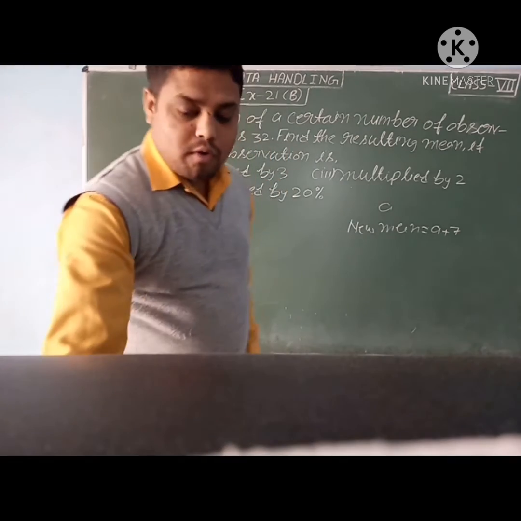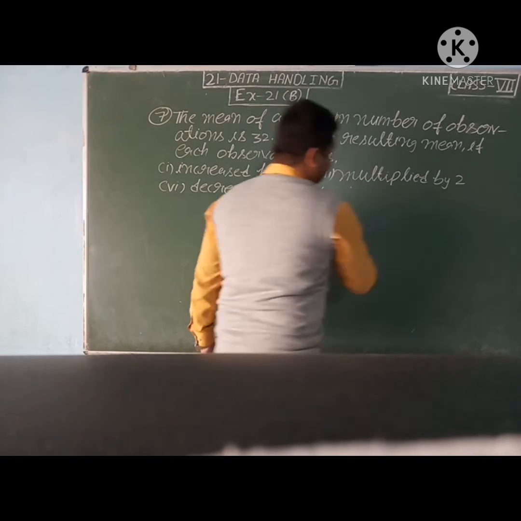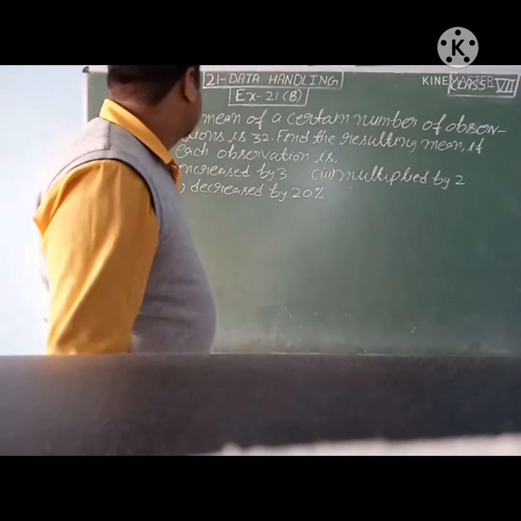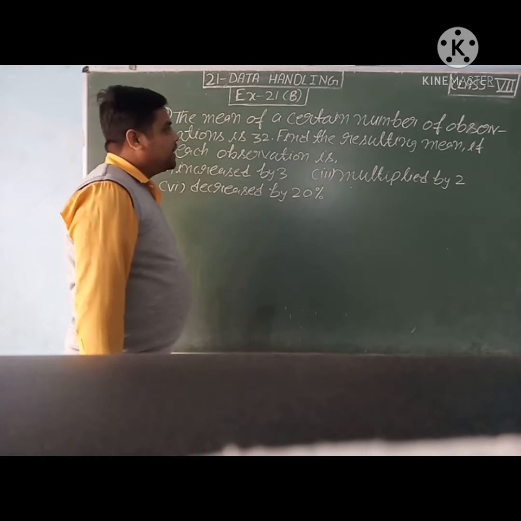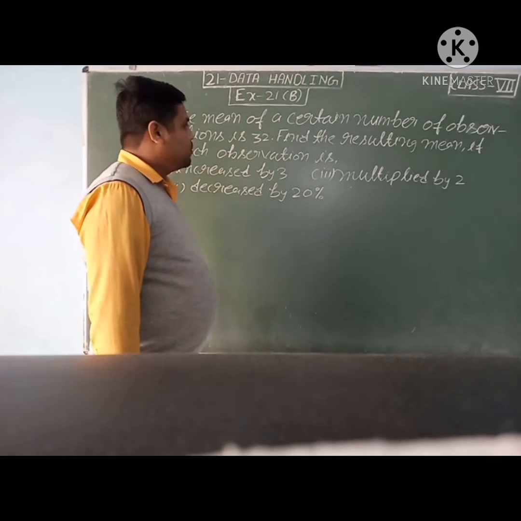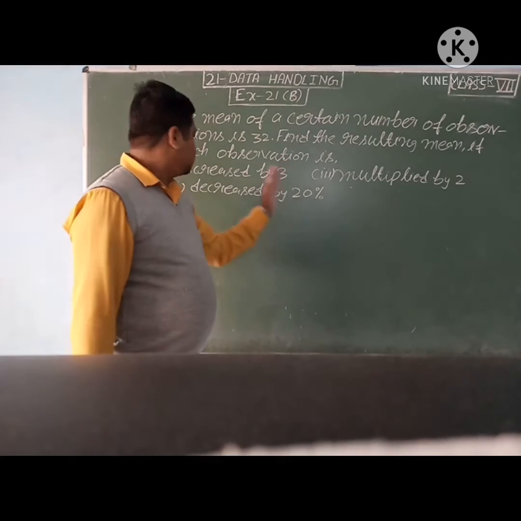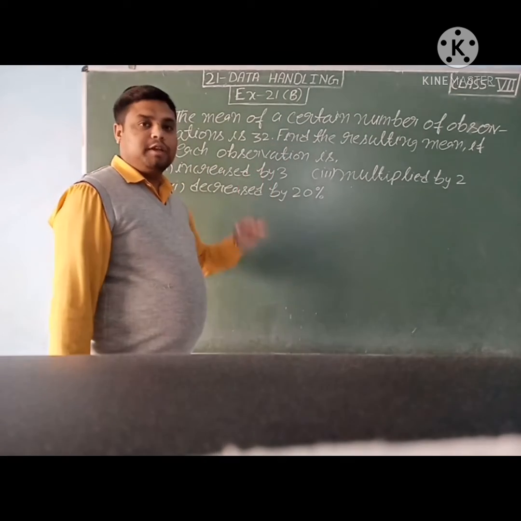So now come to question number 7. The mean of a certain number of observations is 32. Find the resulting mean if each observation is increased by 3.